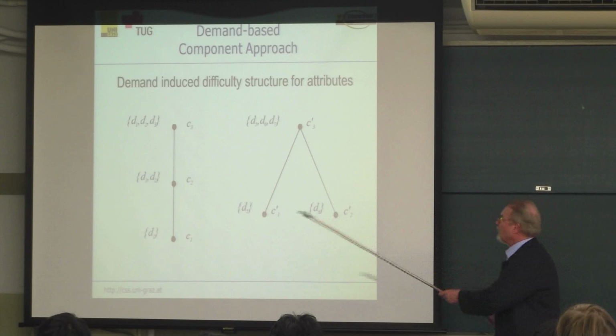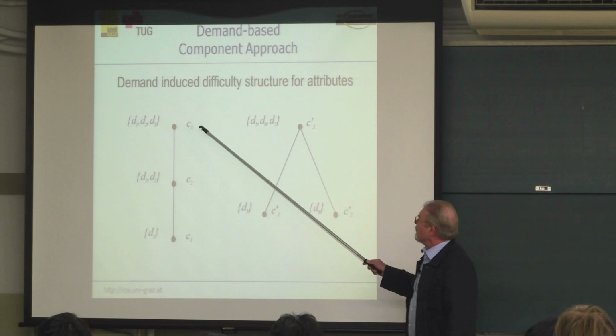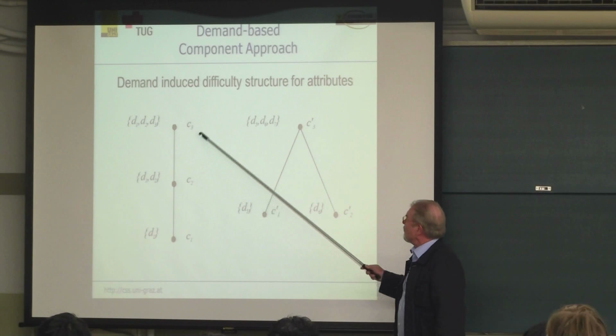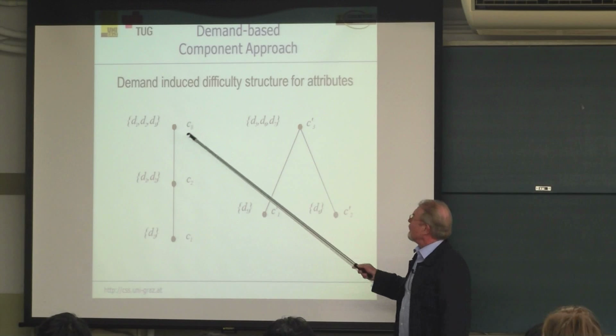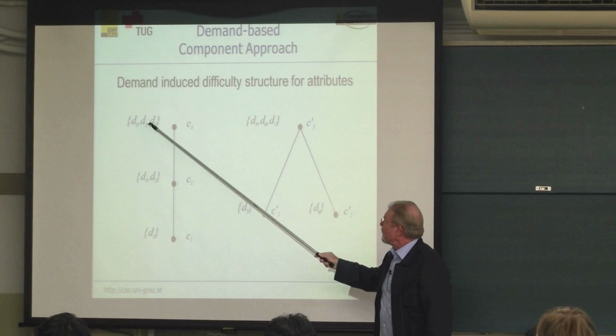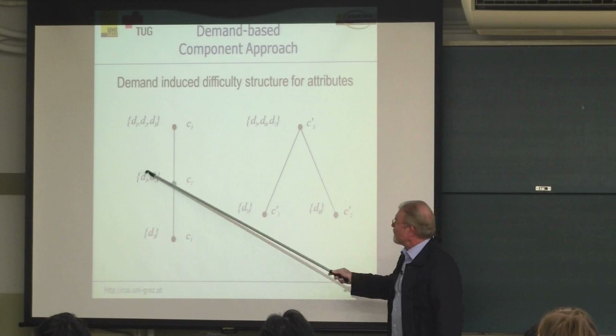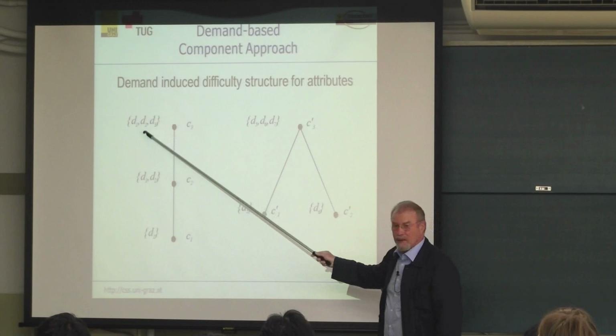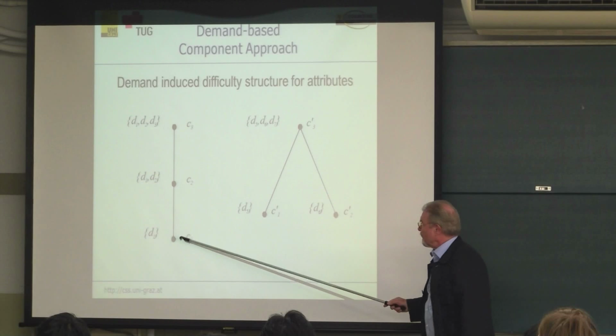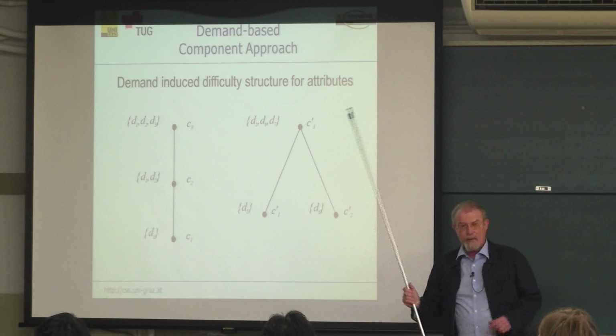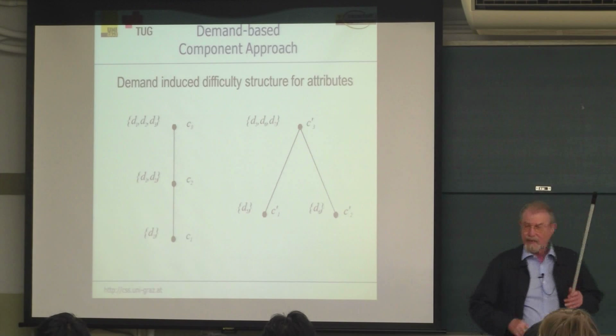Of course, processing a problem with attribute C3 in this case is more difficult than processing an attribute C2 with these demands, because this is a subset of that. And the easiest attribute in this case is C1. So you easily can use the assigned demands to create a difficulty order of the attributes.